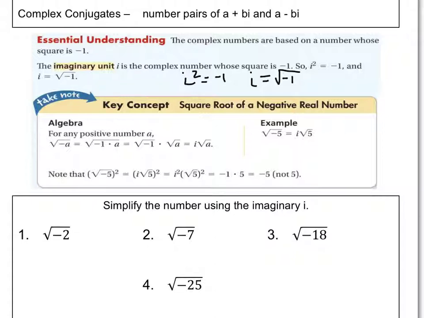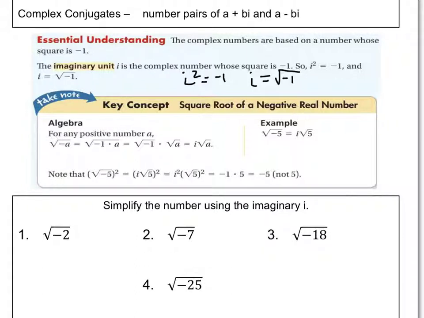As we go through solving and simplifying these problems, we're going to use the square root of a negative real number. For example, if I had the square root of -a, I want to get the -1 out of there so that I have a positive number.